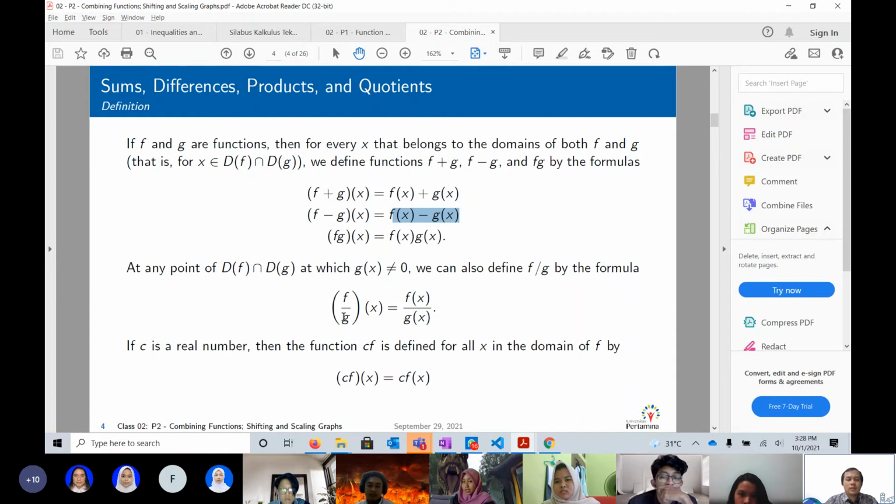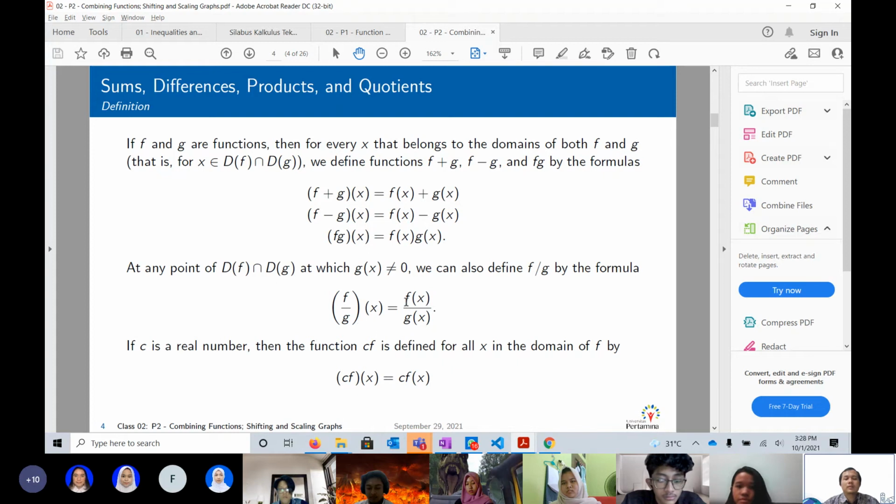As for quotients or division, we have slightly different rules that need to be satisfied. Let's say x is in the domain of f intersect with the domain of g. So x is in the domain of f, also in the domain of g, but here g of x cannot be 0, because if g of x is 0, then this operation is undefined.